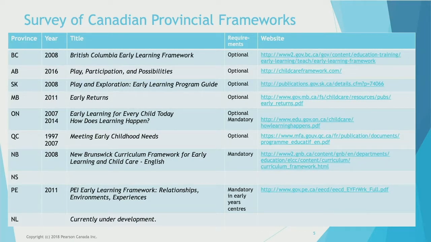as well as we learn more information. We also know that these types of documents come from the fact that, you know, here we are in 2019, we know so much more than we did in the past about the development of young children and what's important and what types of focuses we need to work on.